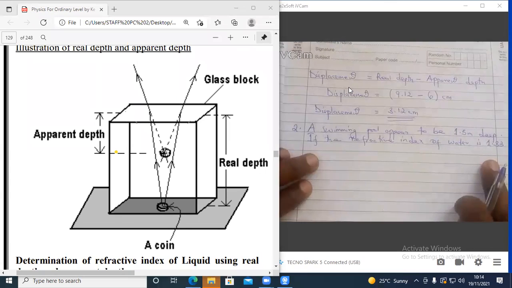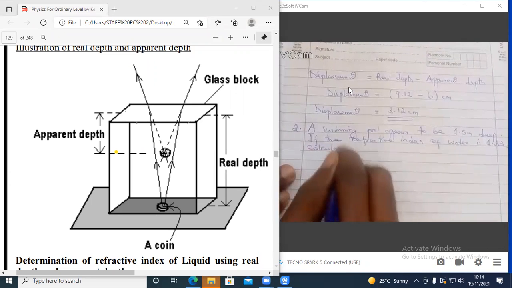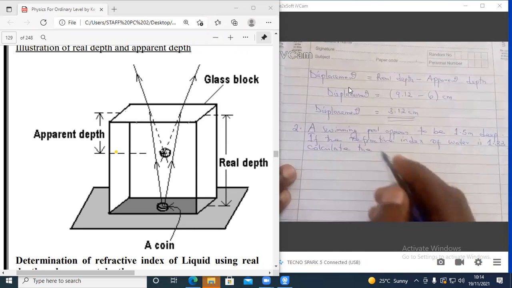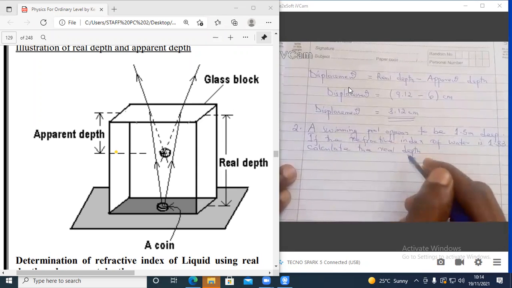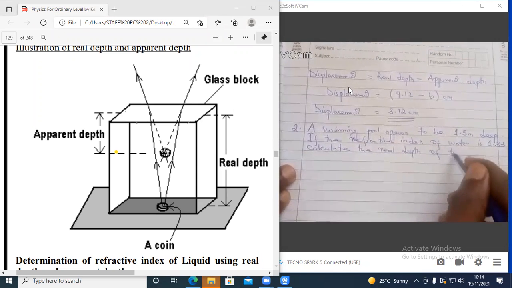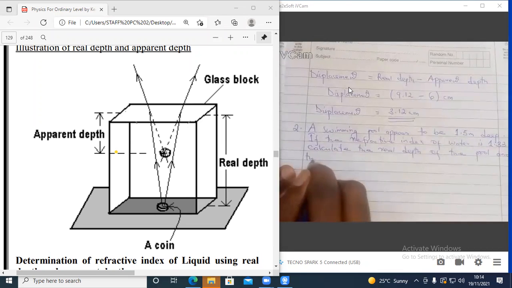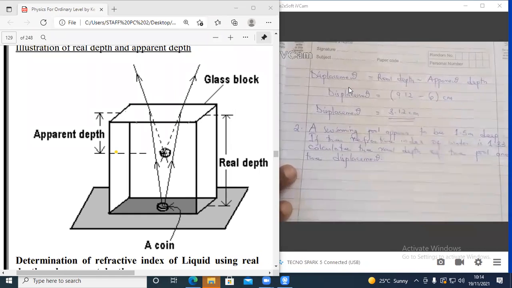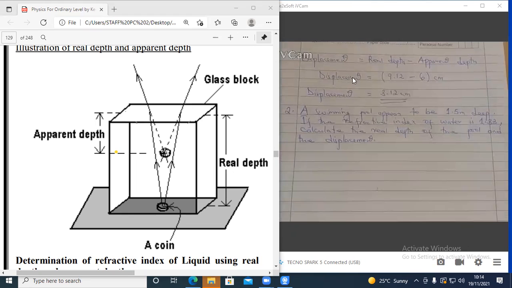Refractive index of water is 1.33, calculate the real depth of the pool and the displacement and the apparent displacement.